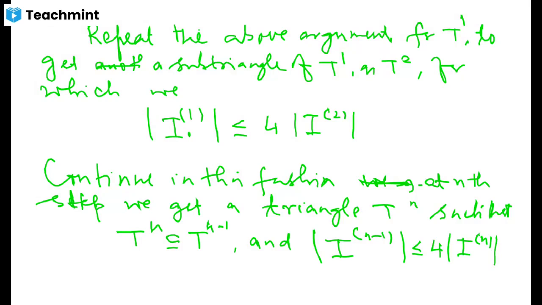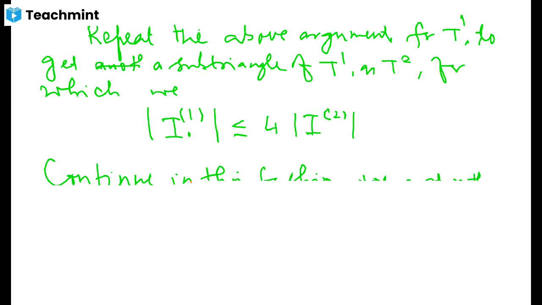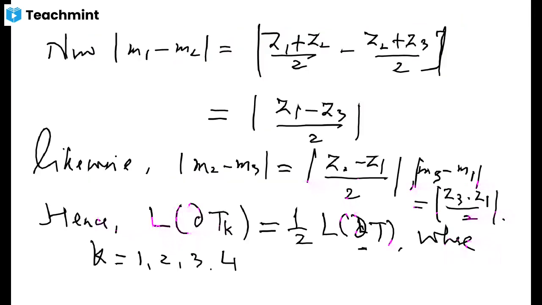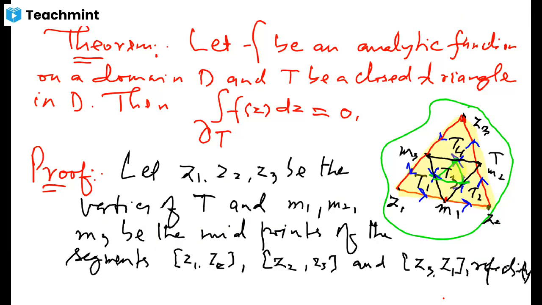Not only this, also note the diameter of T1. What is the diameter? Let me go back to tell you what diameter of a triangle I am assuming. It is the length of the longest side, because this is what the definition of diameter also says.